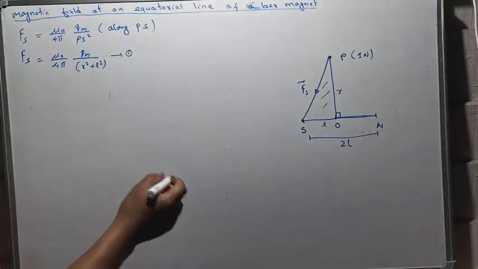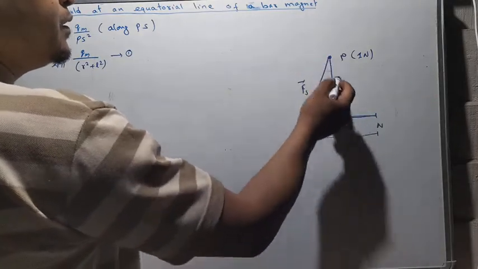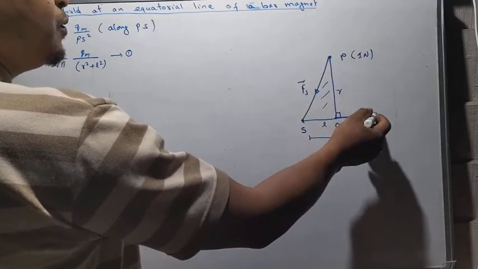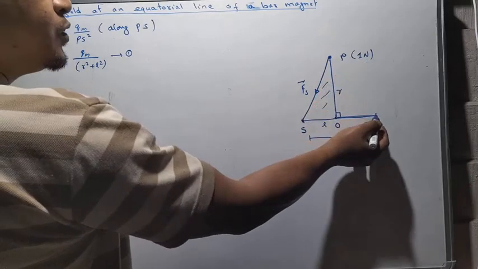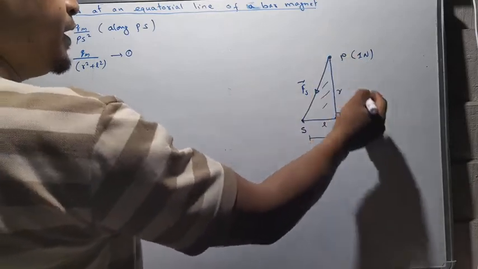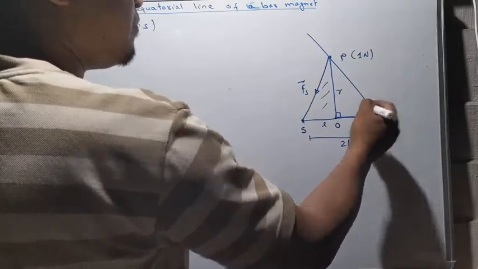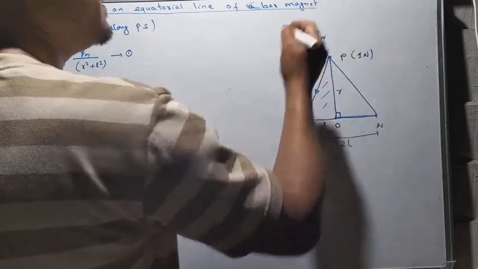Similarly, when you look at this point P, now the force at this point P due to the north pole. So at point P again we have a unit north pole. So this north pole will experience a repulsive force in this way, and let's say this force is Fn.